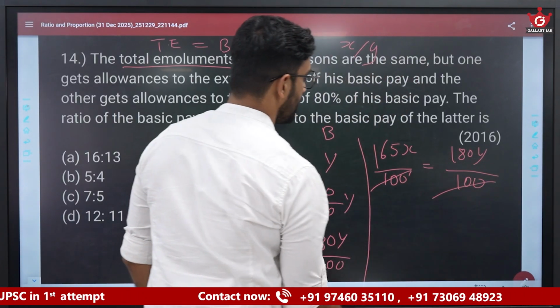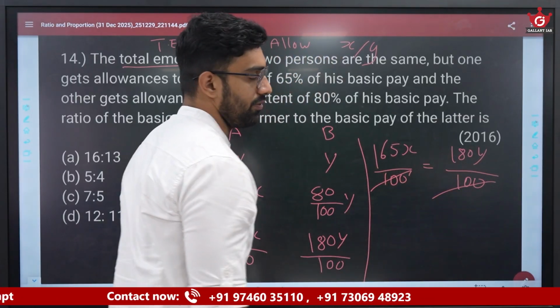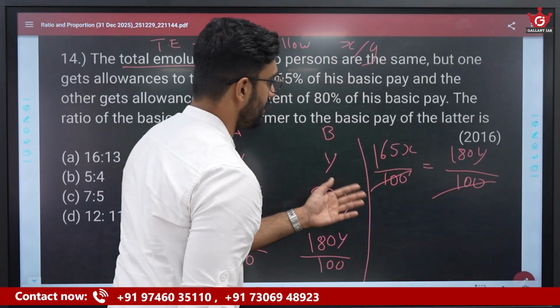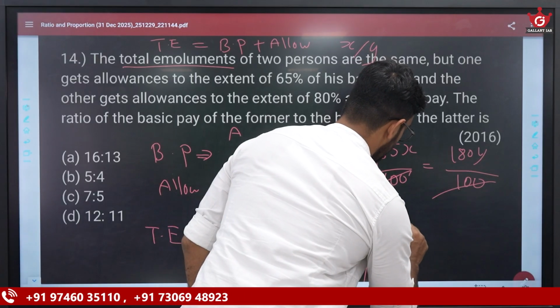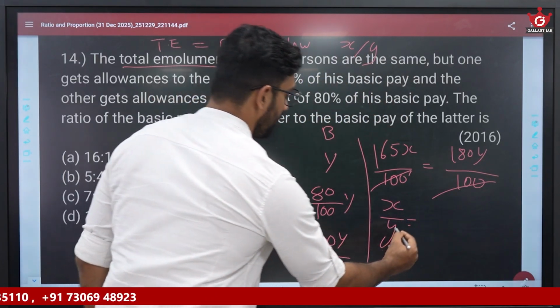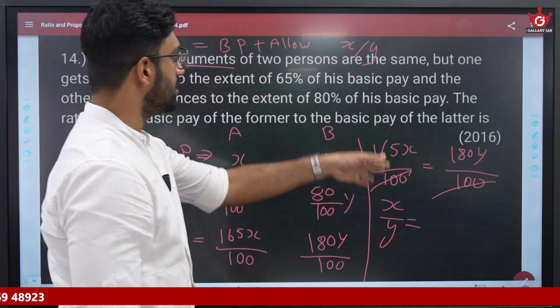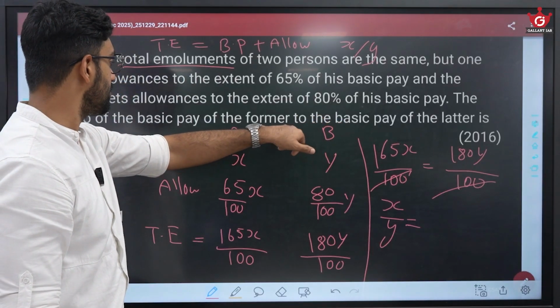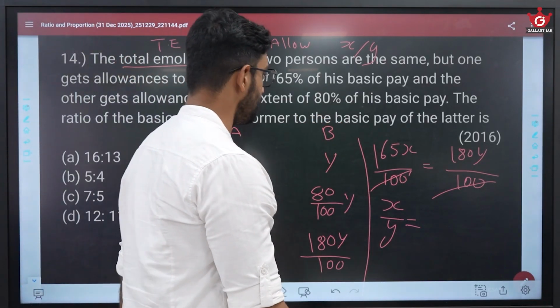This 100 can be cancelled, so 165X is equal to 180Y, and from here X by Y is the required ratio of the basic pay of the former and the latter.